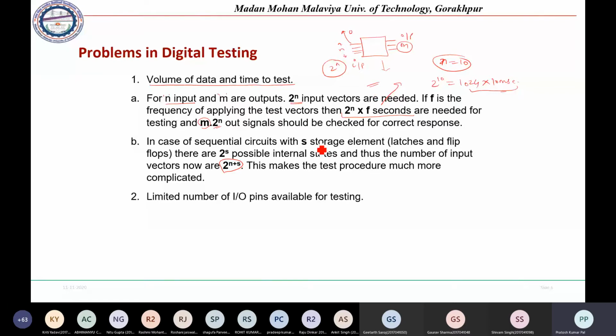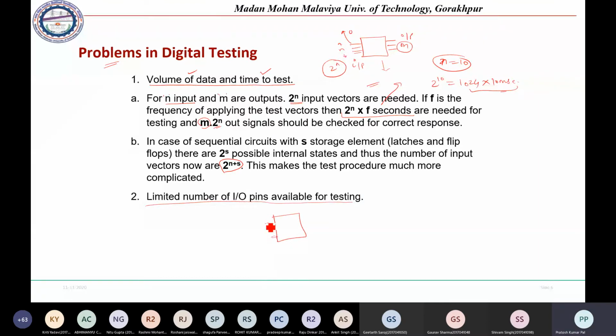We will be finding out what different methods we should be using so that we can reduce the testing time. So here the volume of data and the time to test are very important problems in case of testing. Another one is the limited number of input and output pins available for testing. Suppose a chip is having 50 pins.